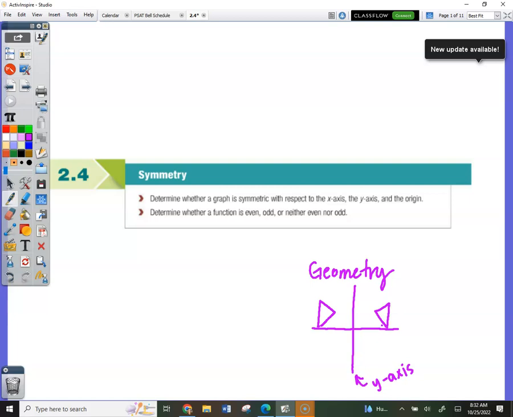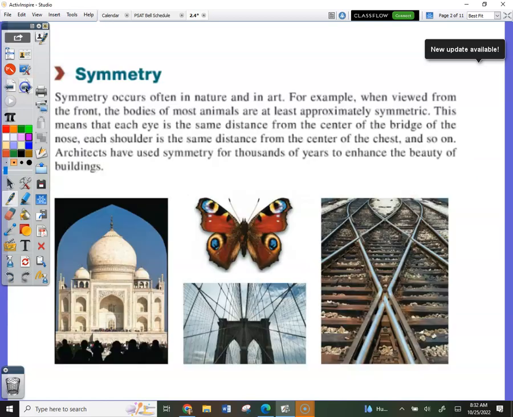So first, let's look at this slide right here. This is symmetry in nature. When am I ever going to use math? Well, you're not going to be walking down the road and asked to find symmetry. But if you are walking in nature, or even at the Taj Mahal, maybe you can appreciate the symmetry that is in construction, engineering, and just nature itself.